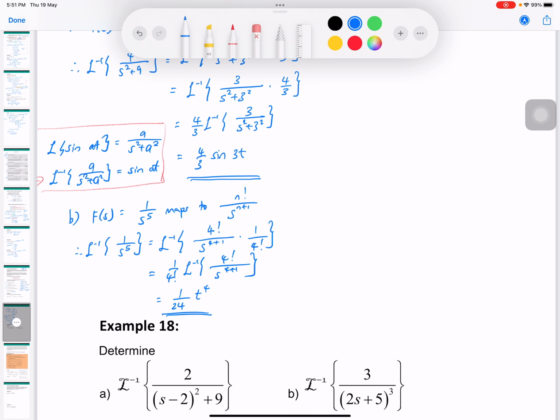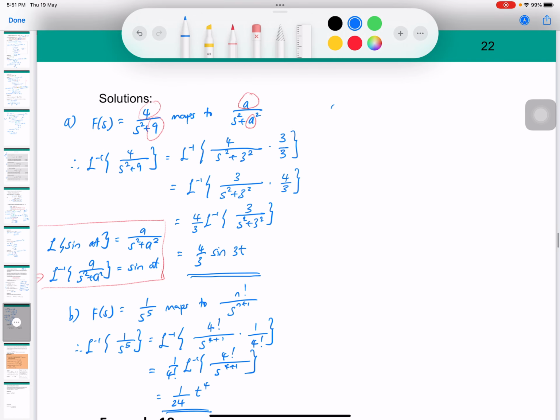And part C. F(s) equals to 6 over (s plus 1) to the 4. So we know that this maps to F(s minus a). Because you have this s minus 1 together, you cannot split it. So somehow it has to be connected with s minus a.